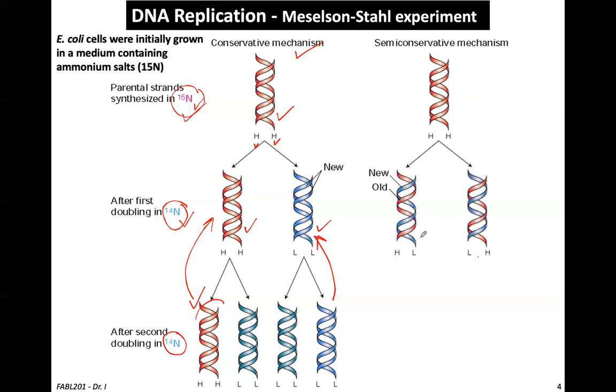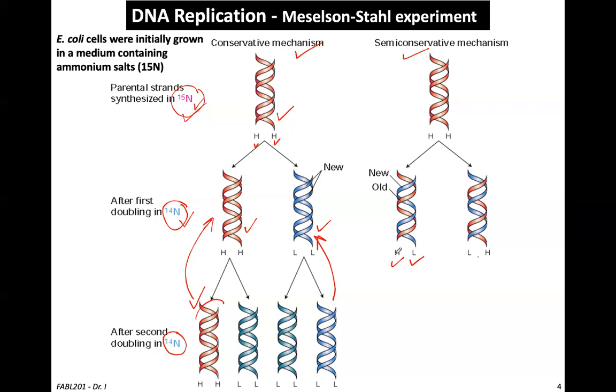If you allow another round of duplication for the bacteria in N14, the lighter nitrogen, and as you know, nitrogen is one of the components of the nucleotides, then with the semi-conservative mechanism each daughter bacteria will have a DNA composed of one heavy strand and one light strand.